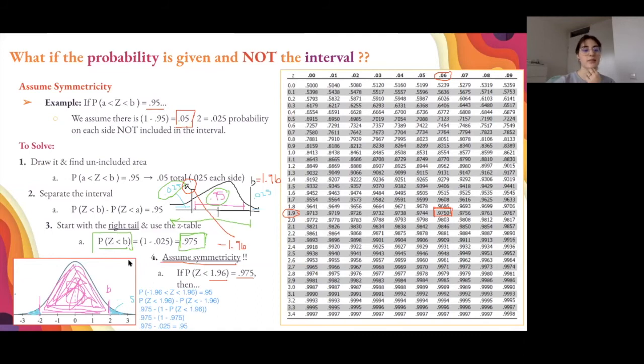So in this case, we know that the probability that z is less than b is equal to 0.975. And the reason why we know that is because the probability that z is less than b is basically combining the interval probability with the leftover probability on the leftmost side.